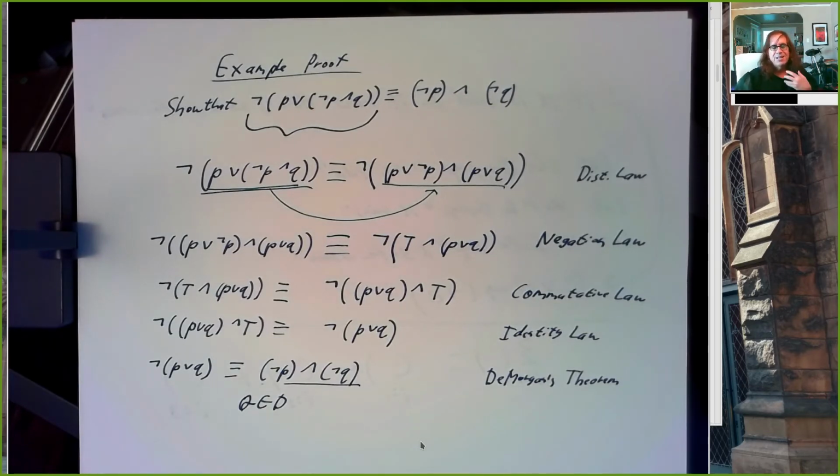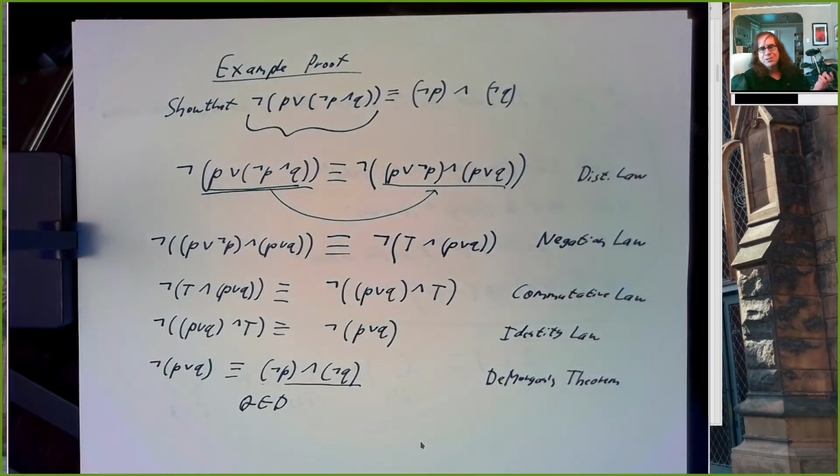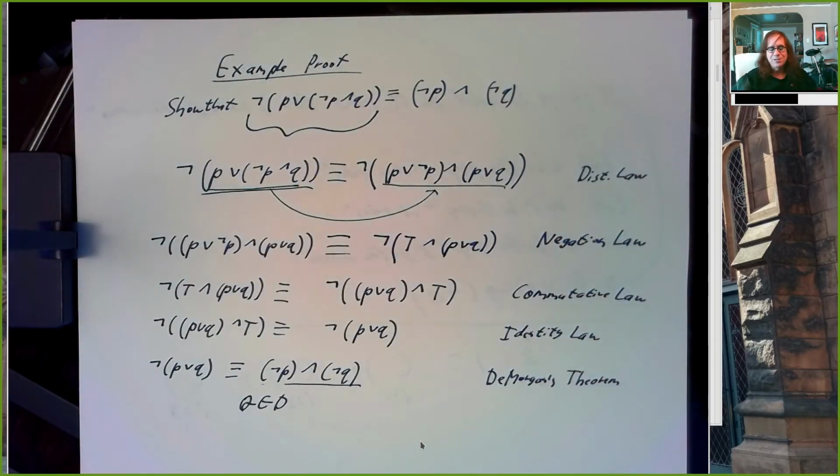The flip side of that, if we wanted to show that this is logically equivalent, if we could show for all possible values of P and Q that this is the same as that, then we'd also be done. That's what a truth table is. When you can write out a truth table and see the two columns are exactly the same in all rows, you've proven that these sides have the same value for all possible values of P and Q.